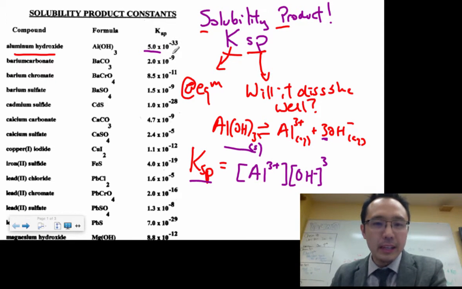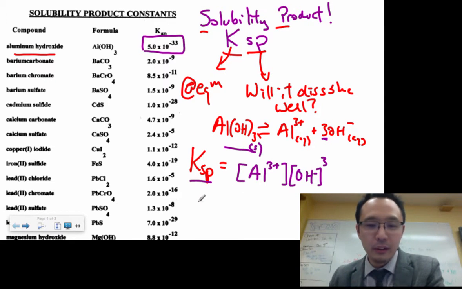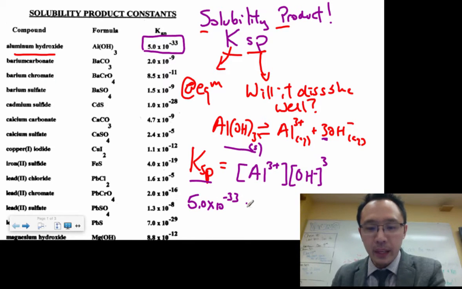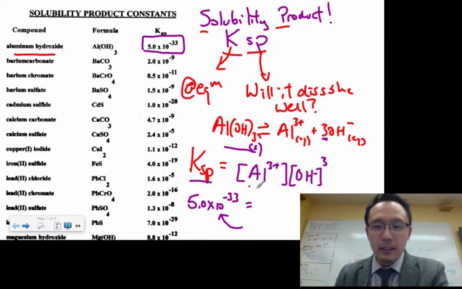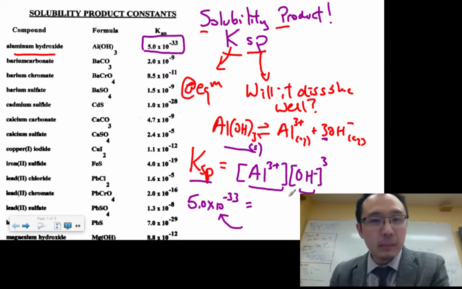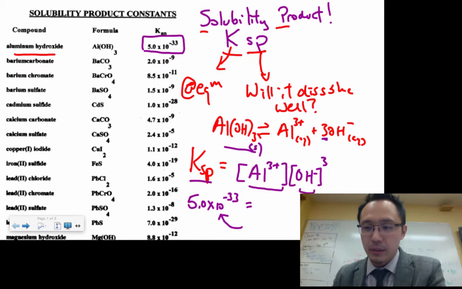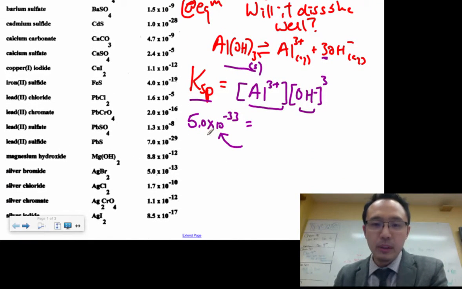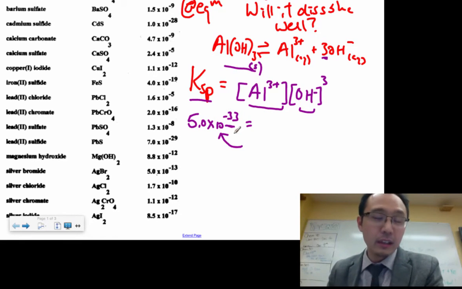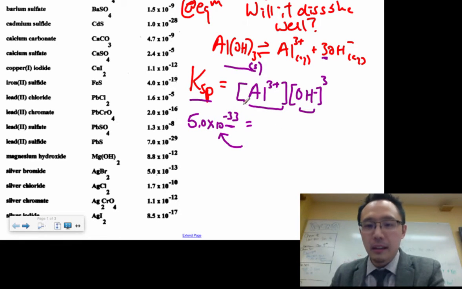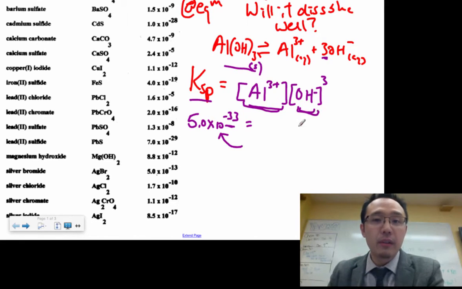If we take a look at the KSP value of aluminum hydroxide, which is 5.0 times 10 to the negative 33, ask yourself, in order to get this number, what kind of numbers do these have to be? Are they going to be large numbers or small numbers? Since this KSP is an extremely small number, times 10 to the negative 33, these concentrations must be very, very small.